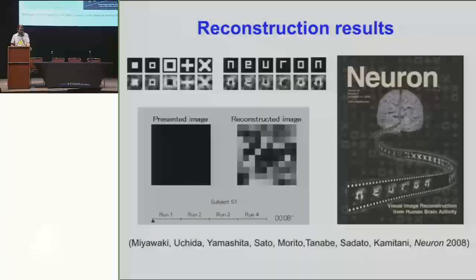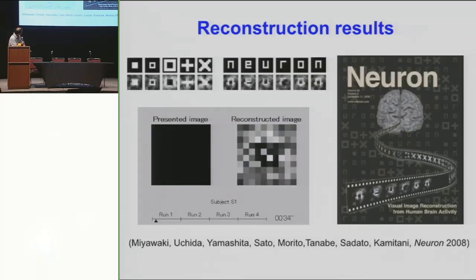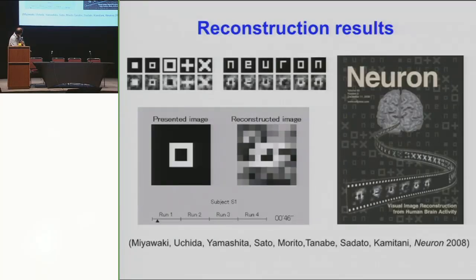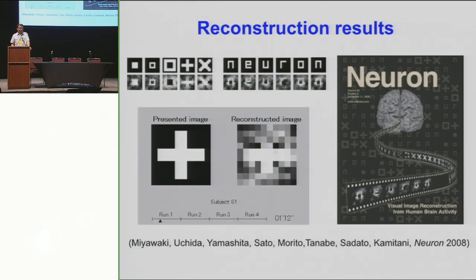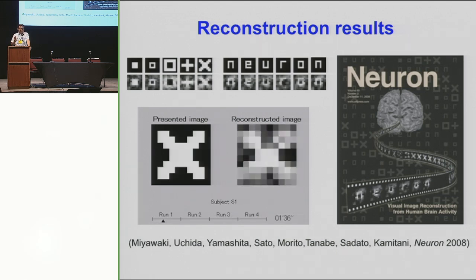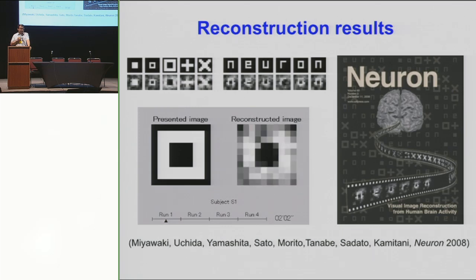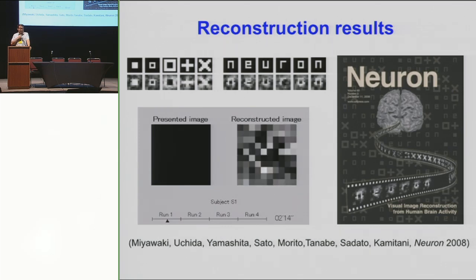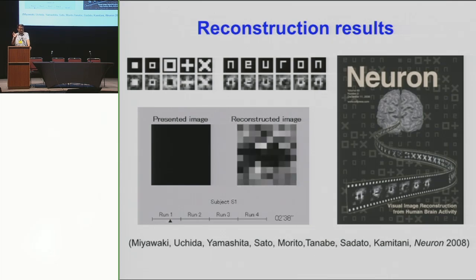And these are the results. The top row shows the presented images, and the second row shows the reconstructed images. We presented each image for 12 seconds, and the TR was 2 seconds. The reconstructed images are from brain activity averaged across 12 seconds.